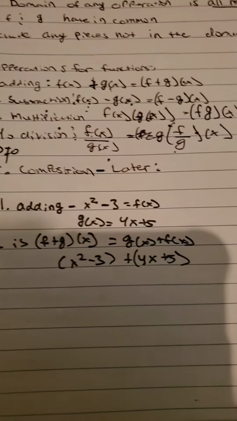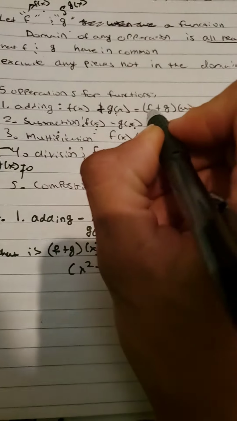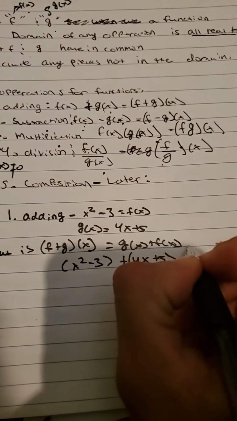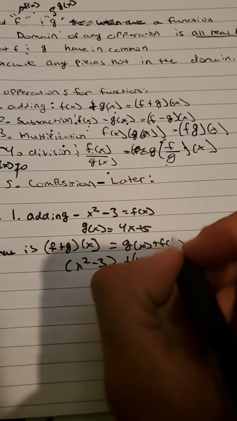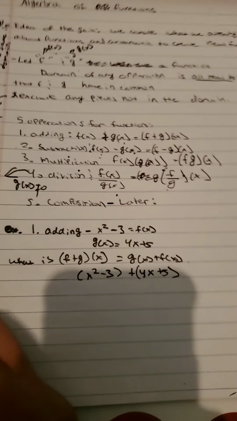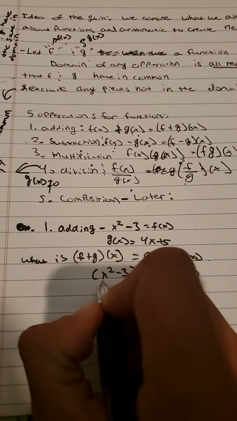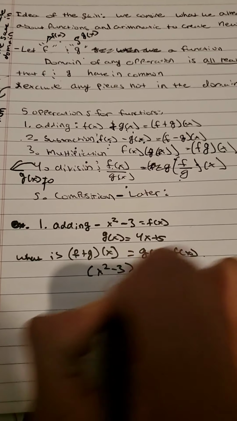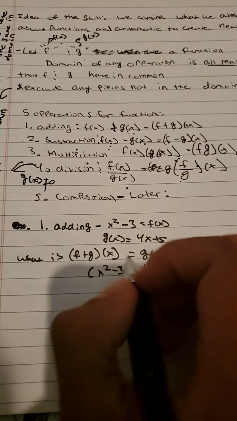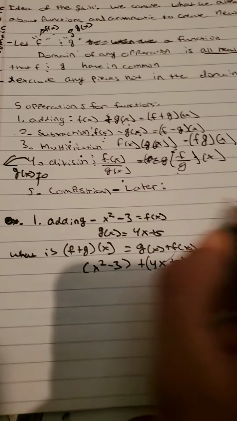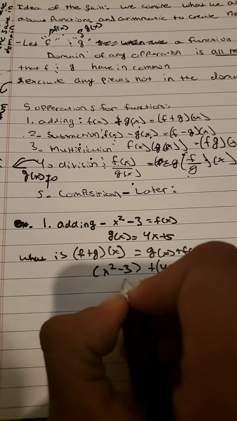Alright, so we already defined up in here that f plus g of x is equal to f of x plus g of x. So we write that out. In this case, because it's addition, we just combine like terms.